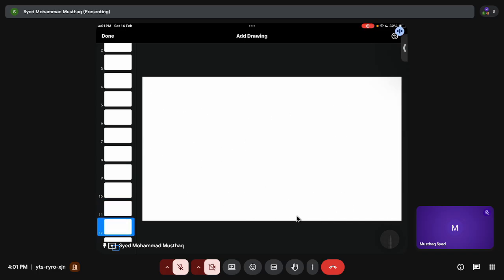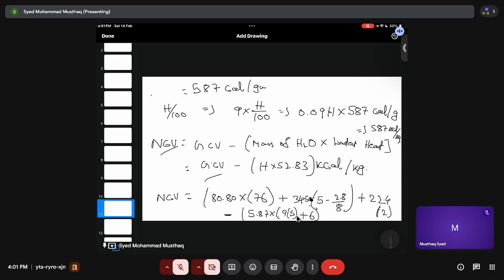What will be our final NCV? Let me calculate: 80.8 into 76 plus 345 into (5 minus 2.8 by 8) plus 22.4 into 2 minus 5.87 into the whole bracket 9, 545 plus 651.